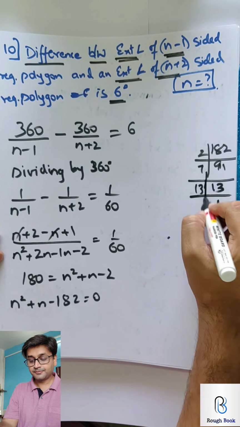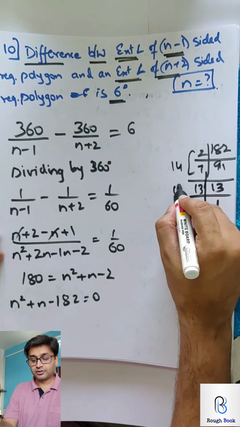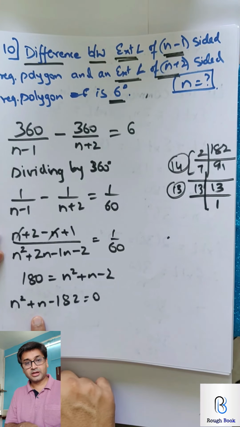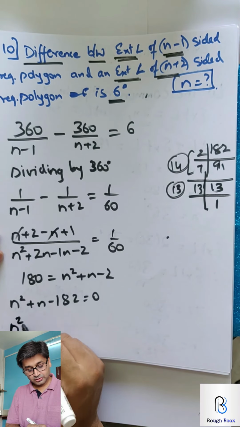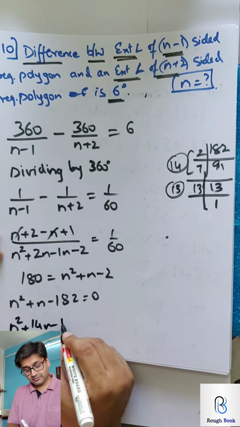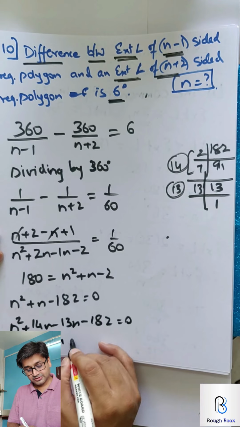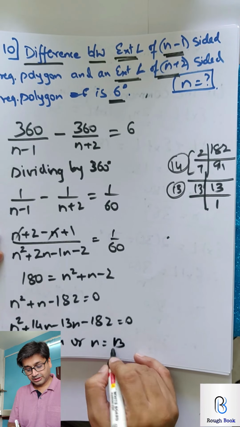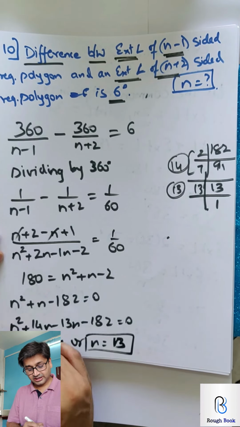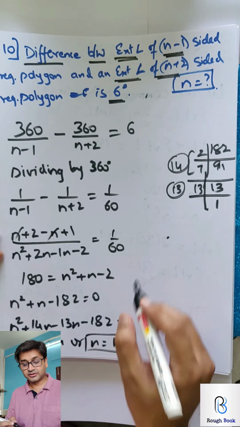And 13 ones are 13, so basically 7 twos are 14 and 13 to get me 1. That should be my factors. So n square plus 14n minus 13n minus 182 equals 0. So n becomes negative 14 or 13. So number of sides cannot be negative. So therefore number of sides are 13.